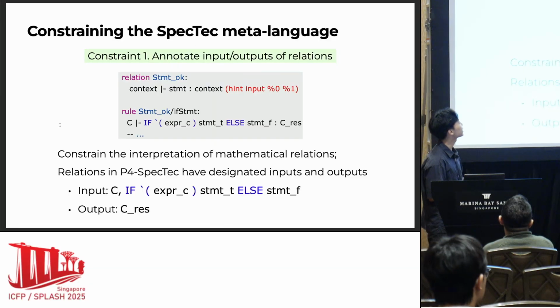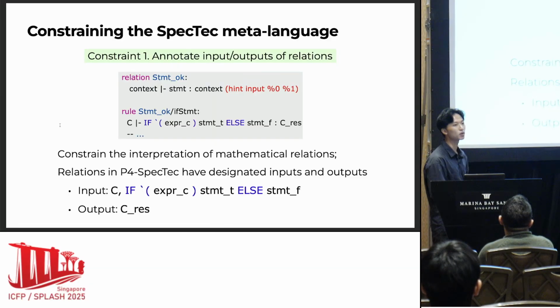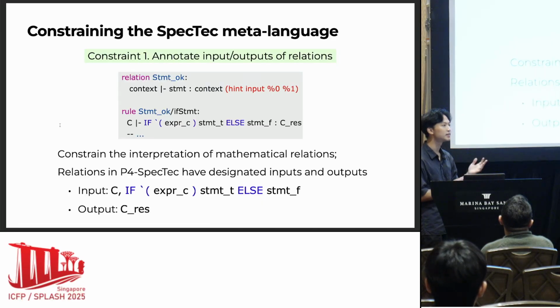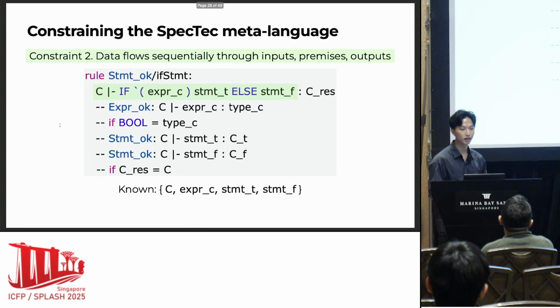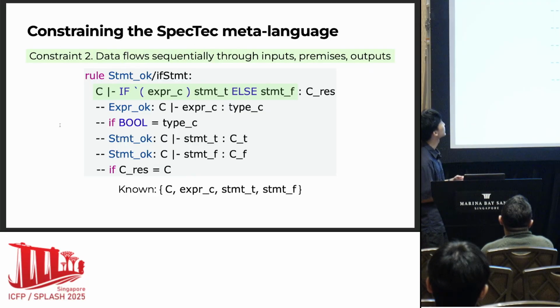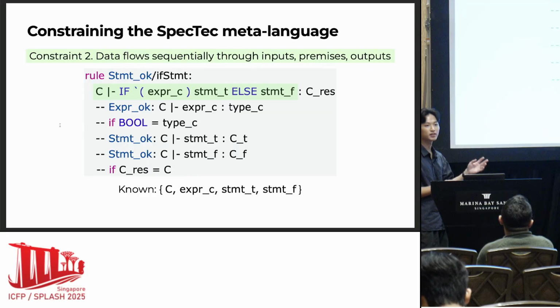Here we put a hint next to the statement OK declaration saying that the 0th and the 1st components must be the input of this inference rule. And with this information, we will now track down the known variables throughout the inference rules to enforce explicit data flow. And at this point, we know 4 variables: C, statement T, statement F, and expression C.